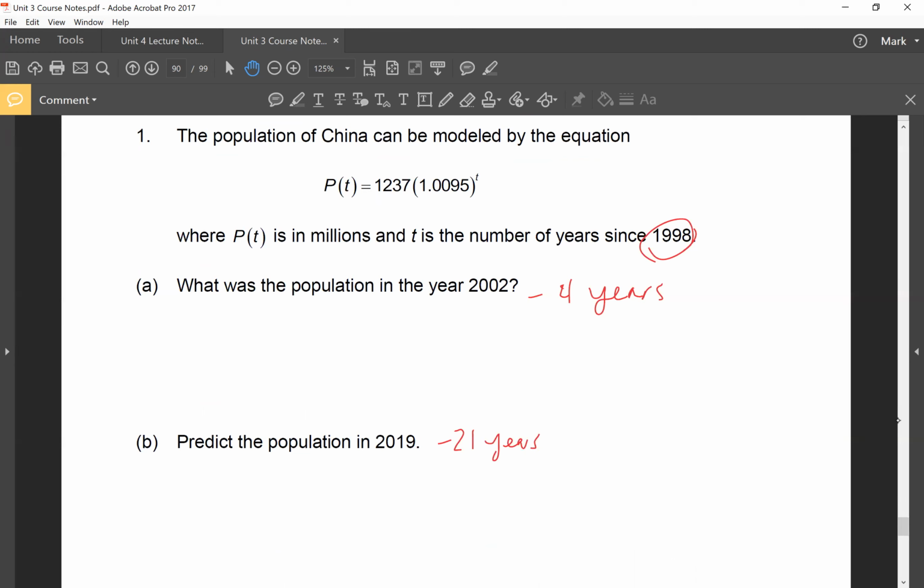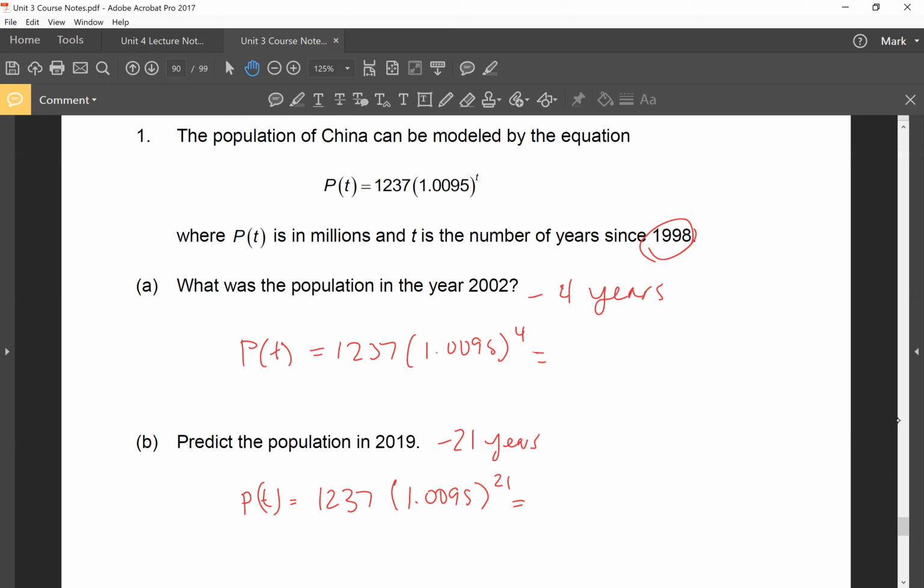So let's see. My population, 1237 times 1.0095 to the power of 4. I'm going to do the same thing for B: 1237 times 1.0095 to the power of 21. Let's see what our answers are. I'm just going to put this into my calculator. I'm not doing any crazy math here. Everything is normal, no rearranging.